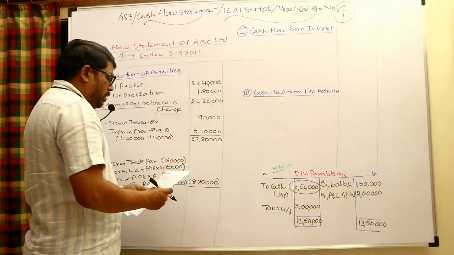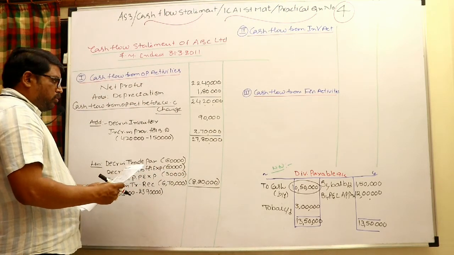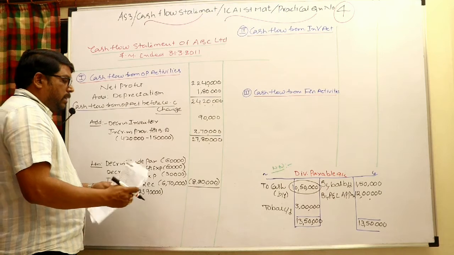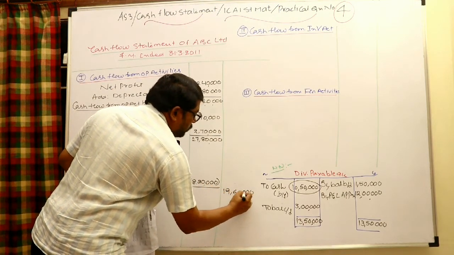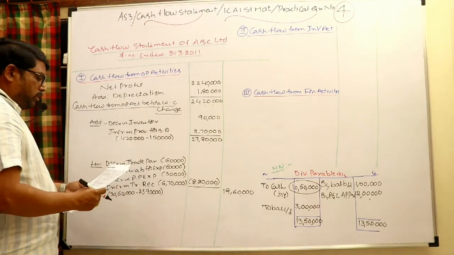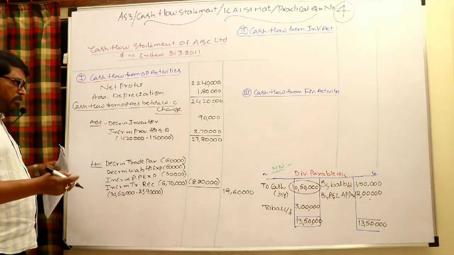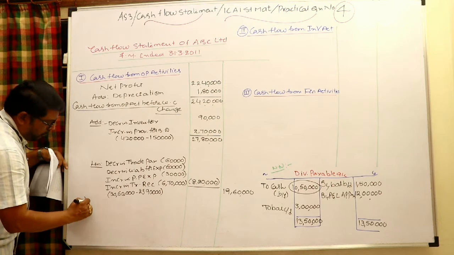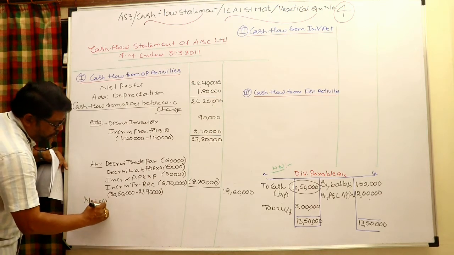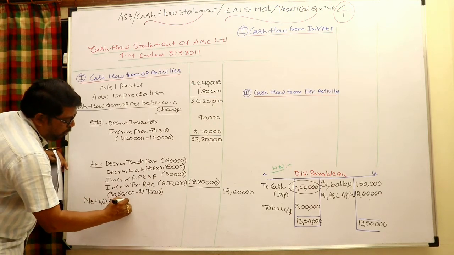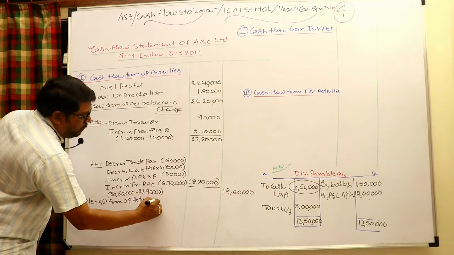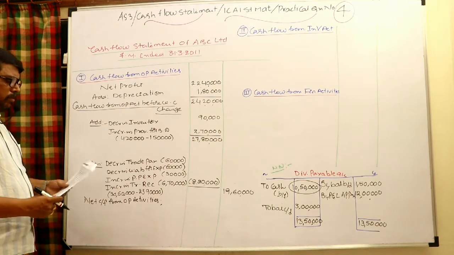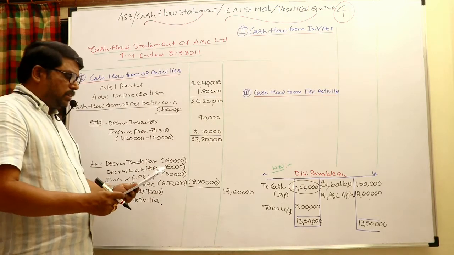Reducing 8,20,000, the net amount is 19,60,000, written in the outer column, which is inflow. There is no information related to tax. Therefore this is net cash flow from operating activities, 19,60,000.